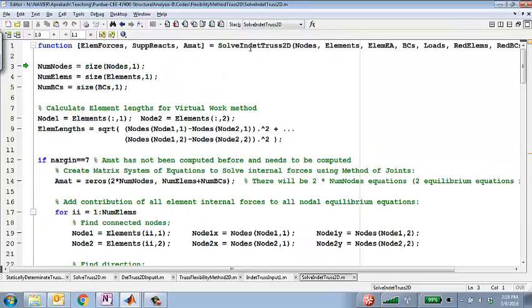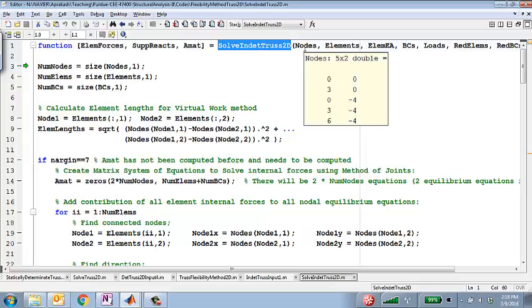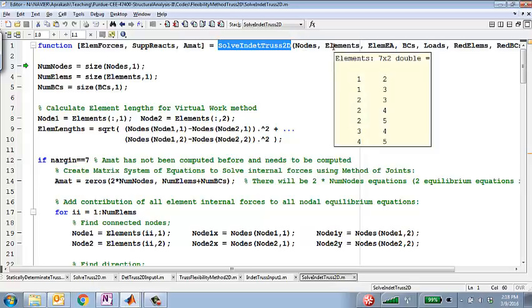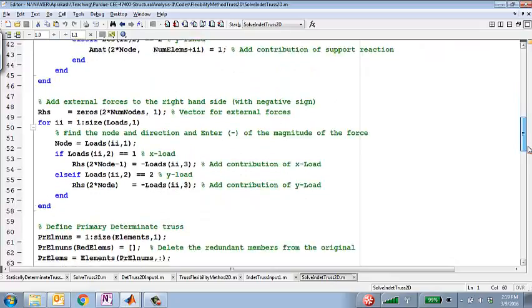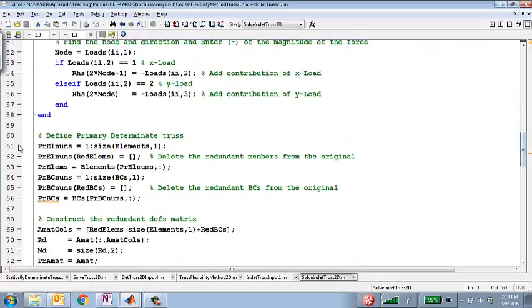So now look at indeterminate truss 2D. I have the correct node information, correct element information, EA, and all of those things are in here. I'll go to this line where the indeterminate truss solution starts.